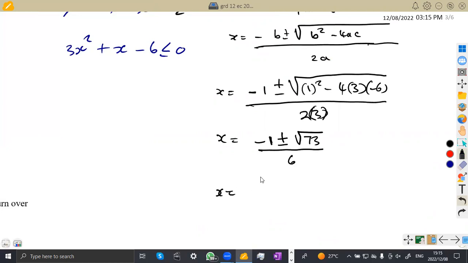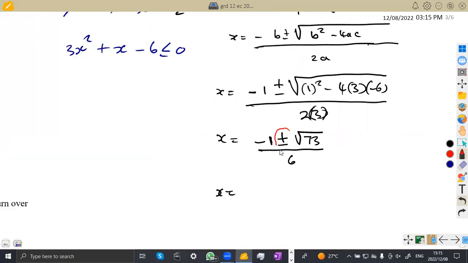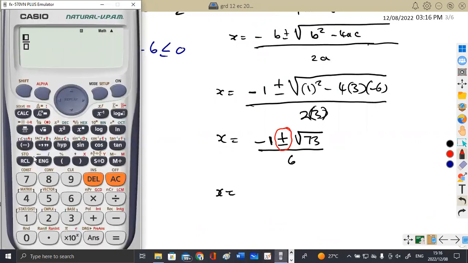All right, so x is going to be equal to, now we can separate the plus or minus here. So starting with the plus, that means we shall have the fraction -1 plus the square root of 73, everything over 6.